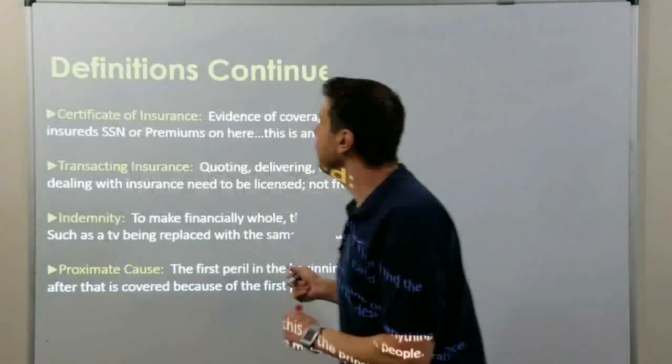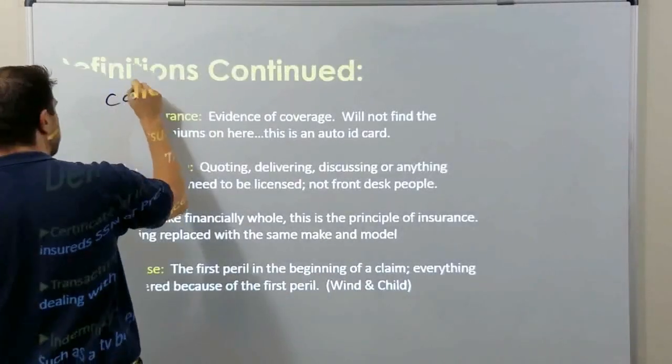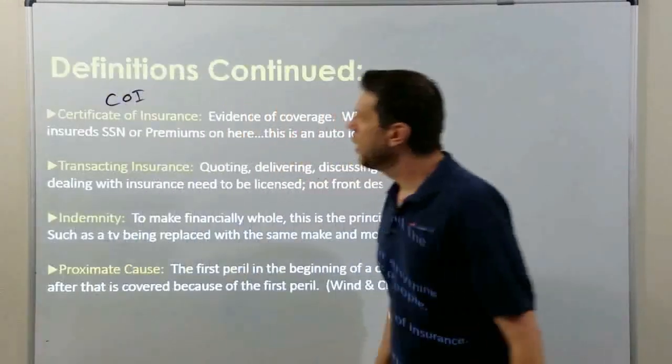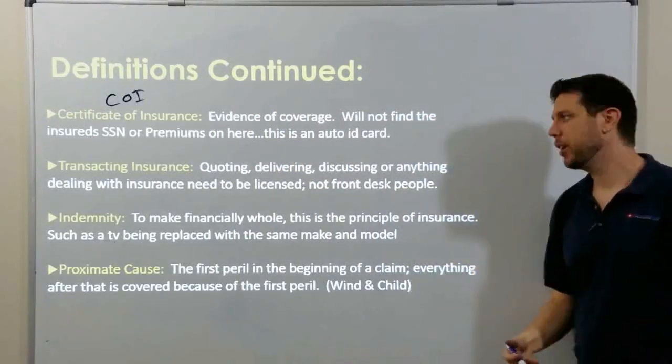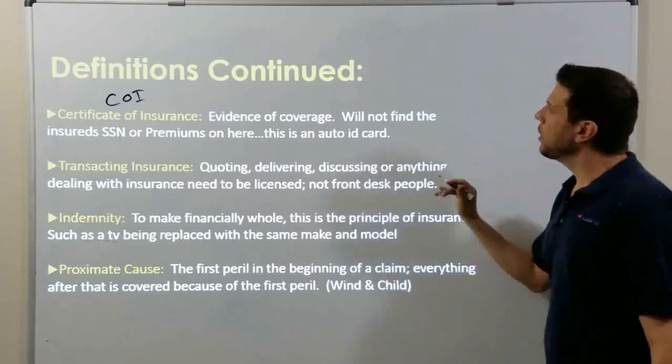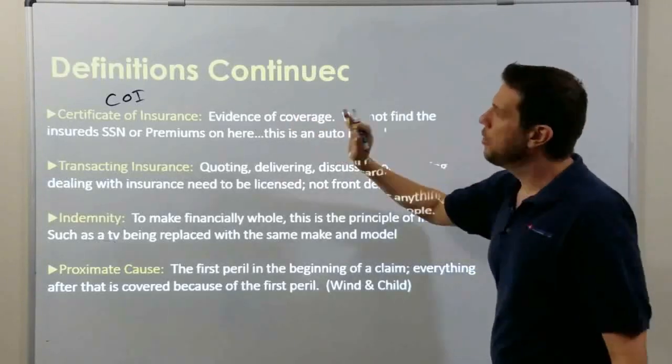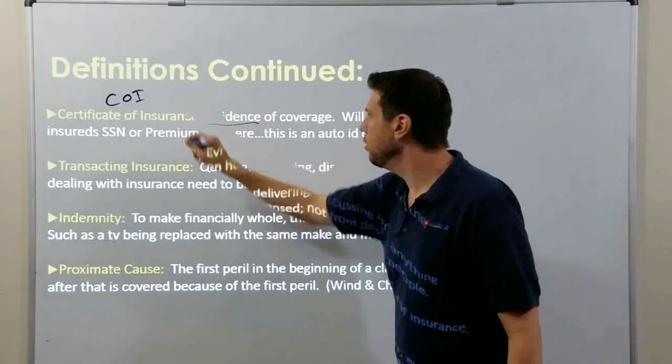The next definition we have is a certificate of insurance. In the real world, we call these COIs. But a certificate of insurance is evidence of coverage. This is what the customer gives to other people to prove they have insurance.